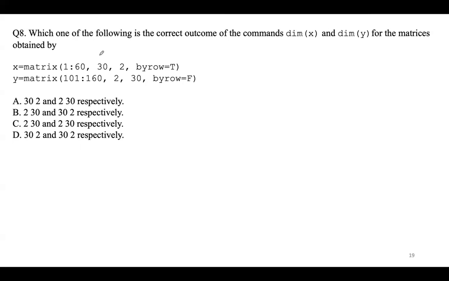Because this is your n row, and this is n col, and this is also n row, and this is n col, always, right? So these are positional arguments. You always have row first, column next. So this is a 30 by 2 matrix, and this is a 2 by 30 matrix. By row argument doesn't matter in terms of the dimensions of the matrix, right? It's just how you're filling the values. But filling has no impact on what the dimensions are, right? So yes, A is the correct answer here.